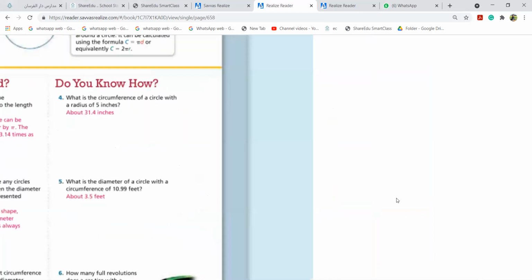First one. What is the circumference of a circle with a radius of 5 inches?